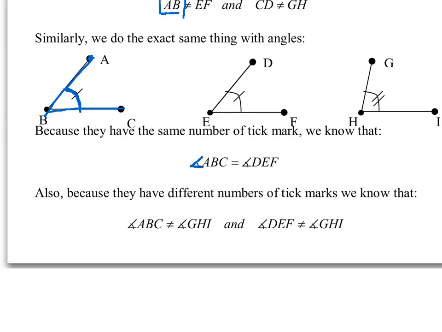If they try and label this same angle, and I were to say angle CAB, that's a completely different angle because it's going from C to A to B. Those are not the same angle.